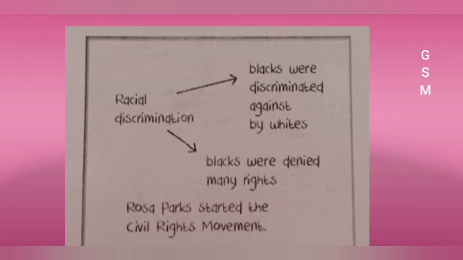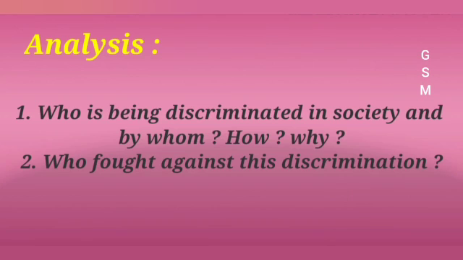Students, what do you learn from the case study? Students, I am asking some questions and next you tell the answer. Who is being discriminated against in society and by whom? How? Why? Did you know, students? Yes.